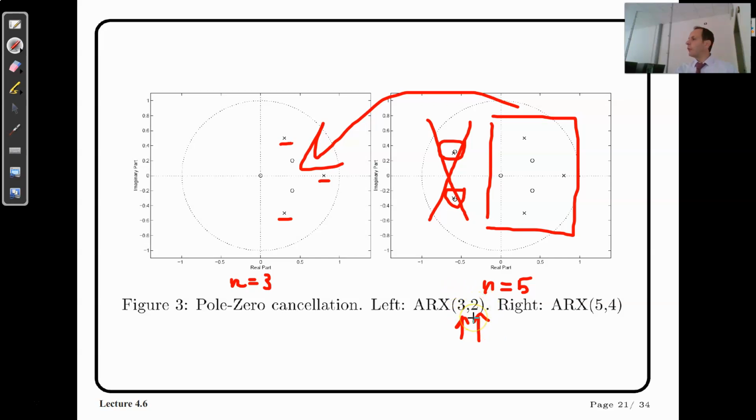So you always have a difference of 1 unit between the poles and zeros. And the same here, you have a model of order 5, and here a number of zeros minus 1. It's a convention, a way of highlighting the number, which is connected to the number of parameters.